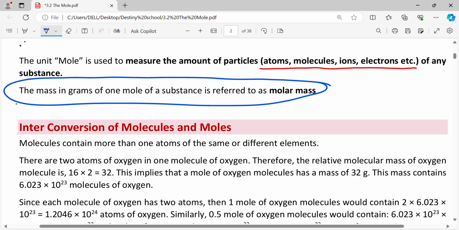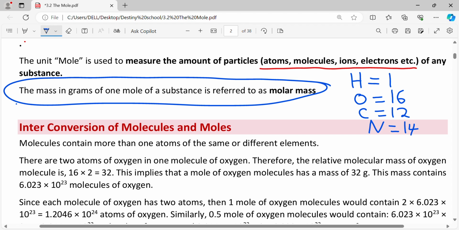The molar mass will always be the mass of 1 mole of a substance, and the mass of 1 mole of sodium is always 23. They are always specific, and most of them are common. For example, 1 mole of hydrogen normally weighs 1 gram. 1 mole of oxygen weighs 16 grams. 1 mole of carbon has a molar mass of 12. 1 mole of nitrogen has a molar mass of 14.